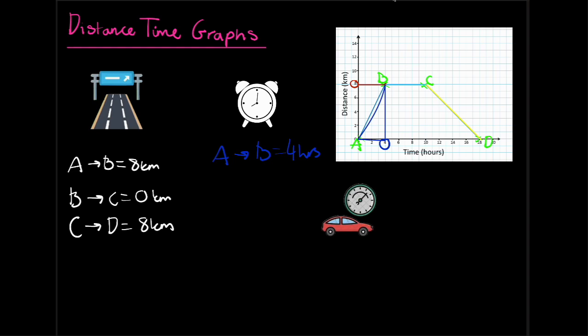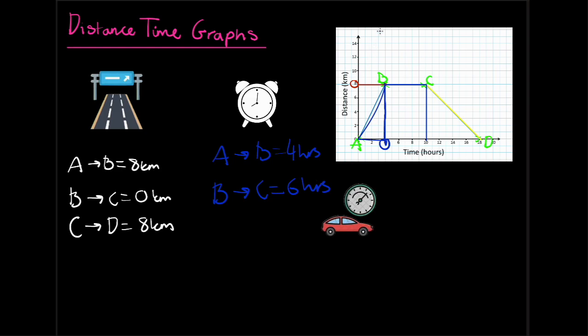And now we'll do B to C. We have no movement, but we're on 10 hours, and we started on 4 hours. So we do 10 minus 4, which is 6. So we put B to C equals 6 hours.